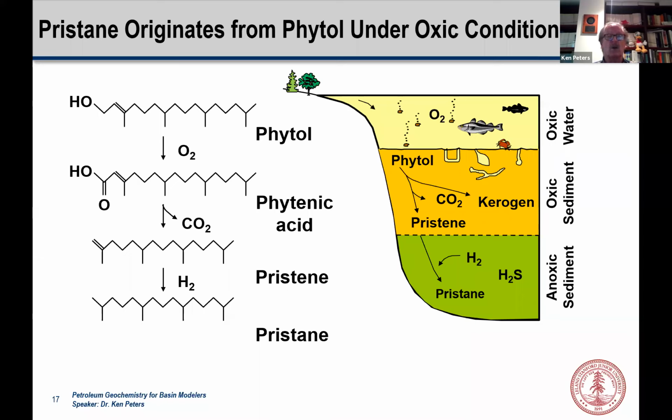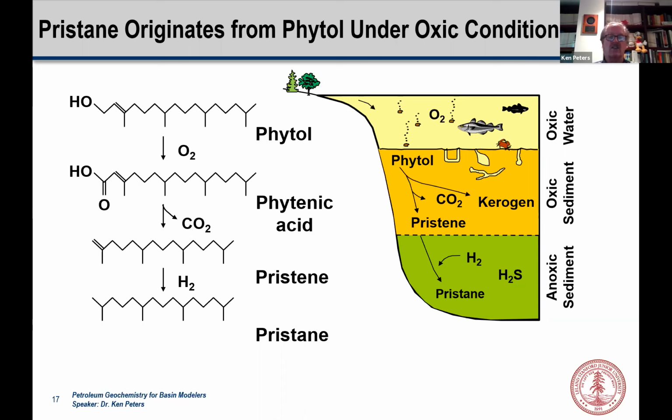Okay, so you start off with phytol, which is broken off now from that side chain in chlorophyll. It's an alcohol with a double bond in it here, and you can see that can be oxidized to a carboxyl group, which then breaks off as carbon dioxide. So we've lost that terminal carbon. So we went from a C20 side chain here to a C19 pristene that has a double bond.